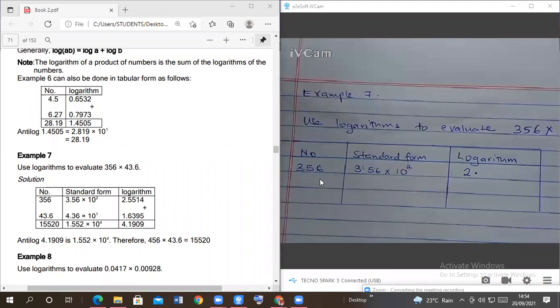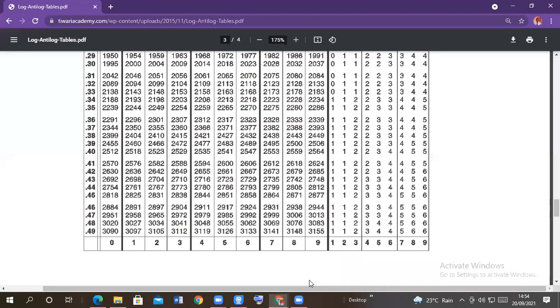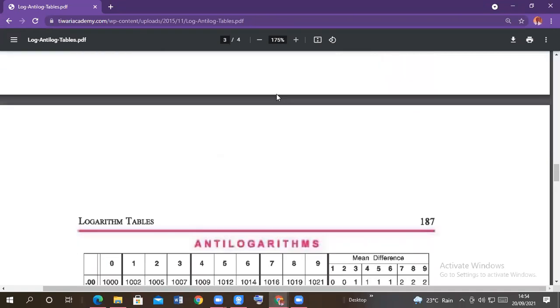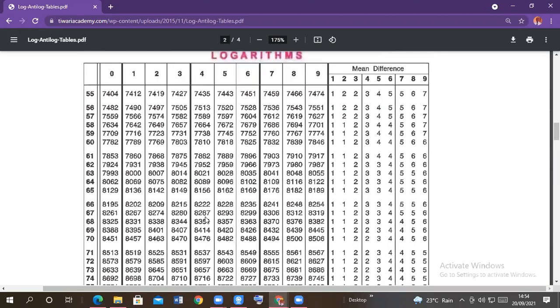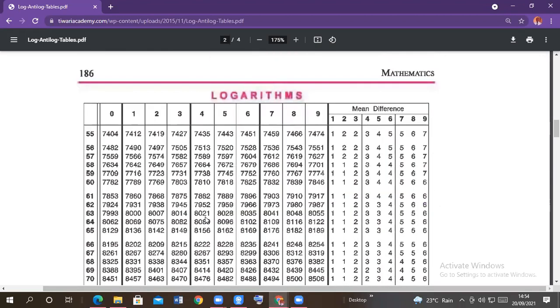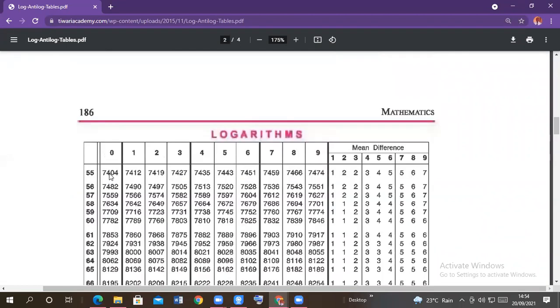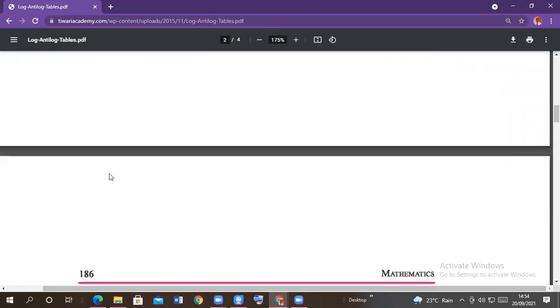We are going to go to our log tables, and then to the part where we have not the anti-logarithm, no, we are looking for logarithms, correct? So these are the logarithms. Now we look for 35. We are looking for 35.